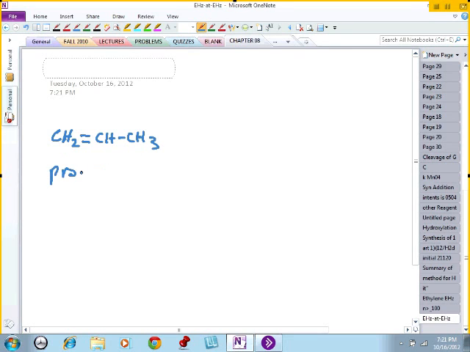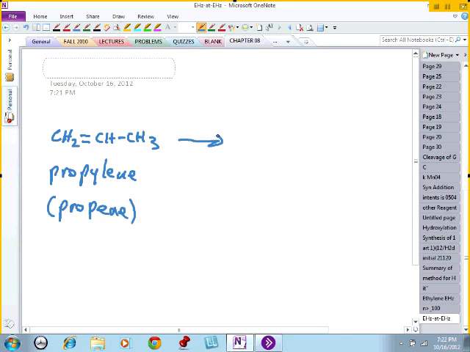Okay, this is propylene. Of course, the IUPAC name will be what? What would be the IUPAC name for this? What is it? Propene, exactly. The IUPAC name will be propene.